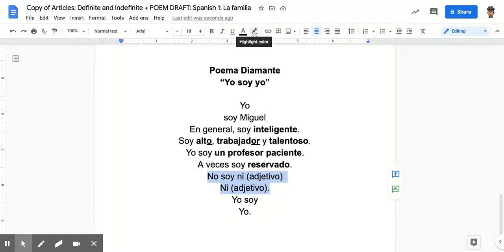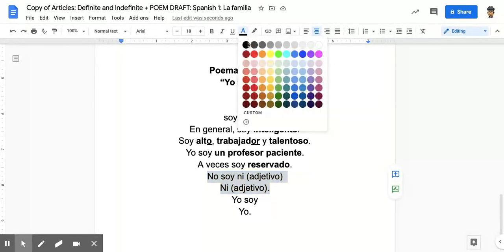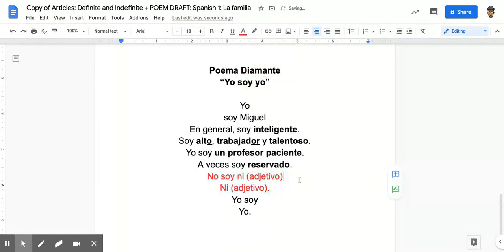I love this because you can define things by saying what they are, but we can also say what they are not. All right. No soy ni perezoso. I'm neither lazy nor, what else am I not? Bajo. All right.